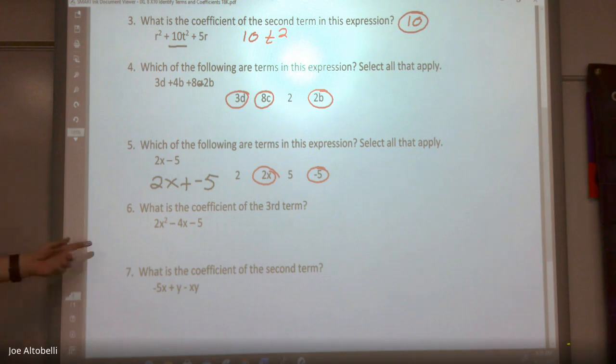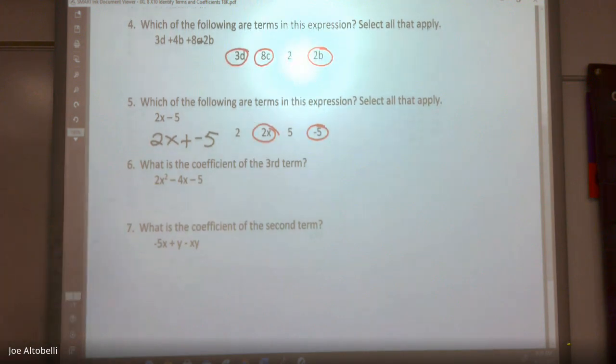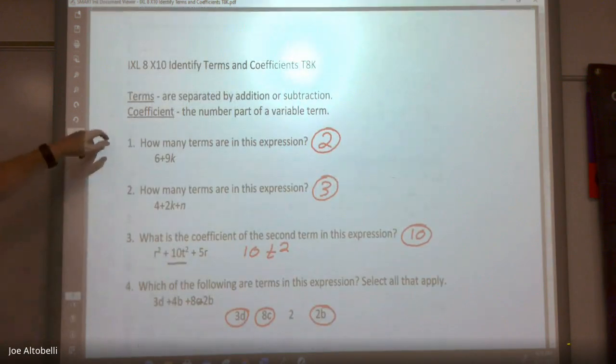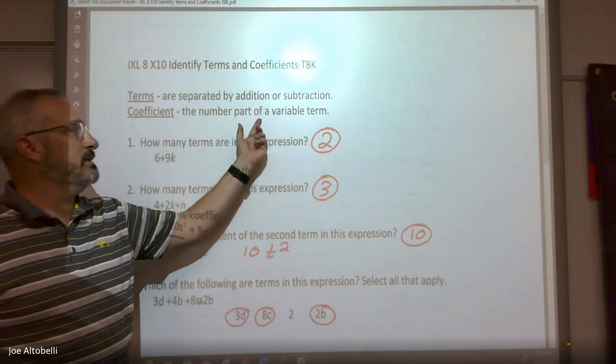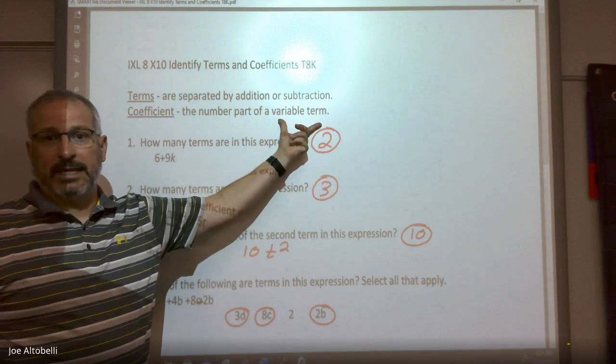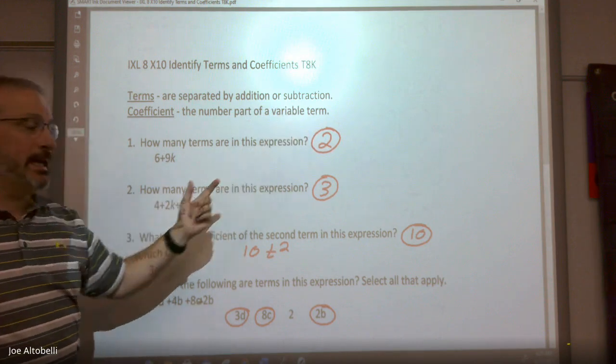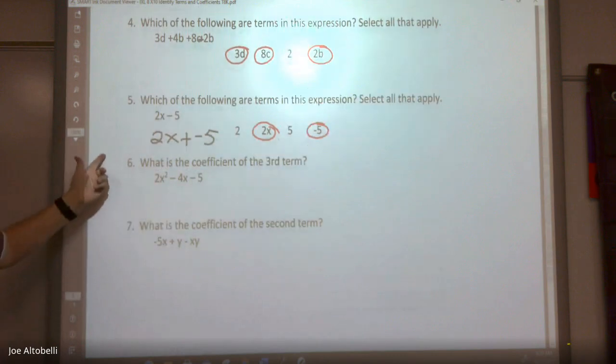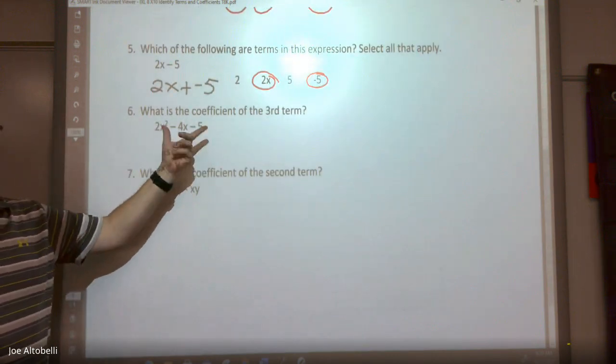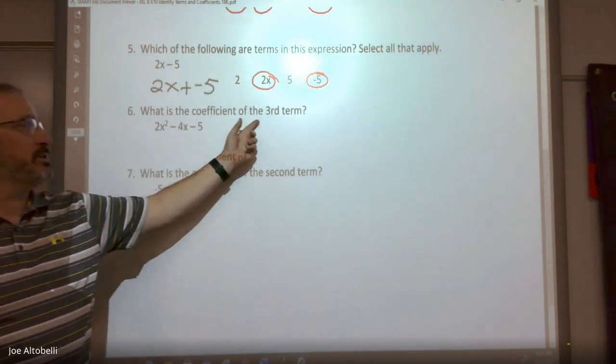All right, what is the coefficient of the third term? I'm surprised that is a question because immediately I'm looking at it, there isn't a coefficient. Because to have a coefficient, the number part of a variable term, it has to be a variable term, okay? So I might have forgot a letter, I don't know. What is the coefficient of the third term?